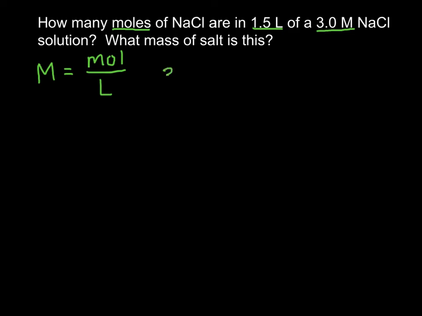So we have 3.0 for our molarity. That is equal to X number of moles divided by 1.5 liters. Multiply both sides by 1.5.